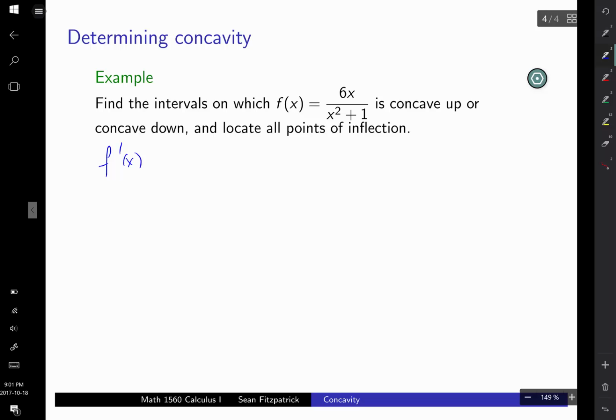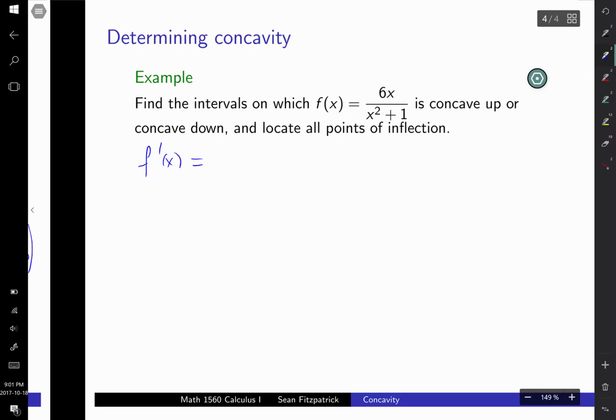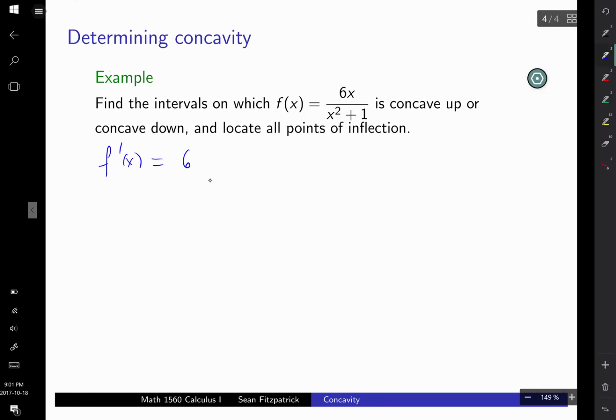But before we can get to the second derivative, we need the first. So what's f prime? Well, quotient rule says we do the derivative of the top, so 6, times the bottom, minus the top times the derivative of the bottom, 2x, over the bottom squared.